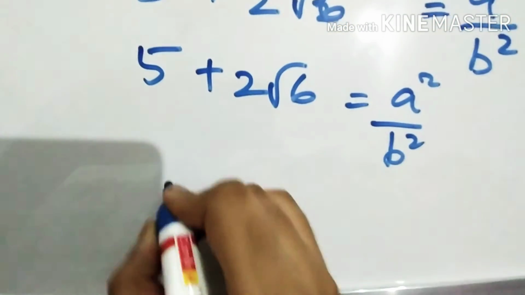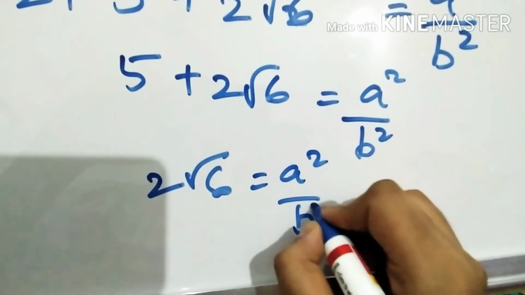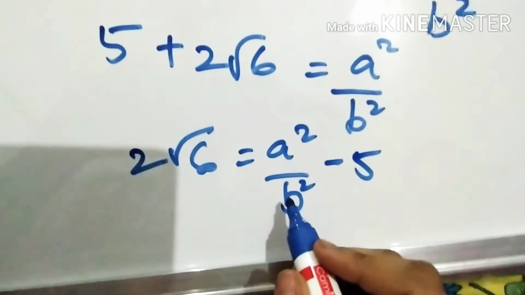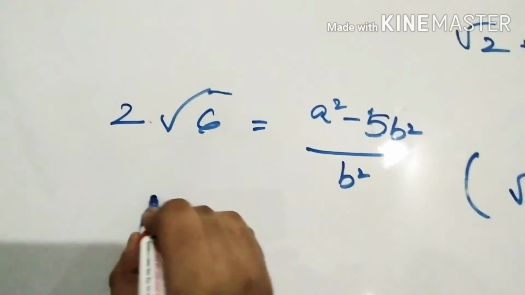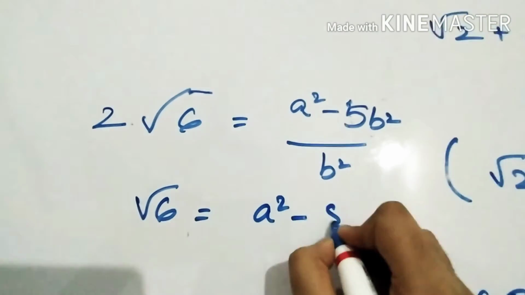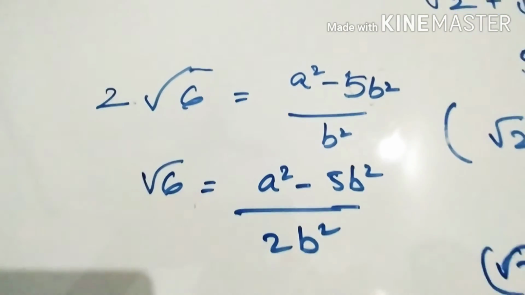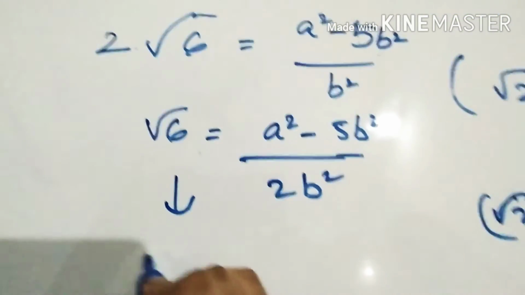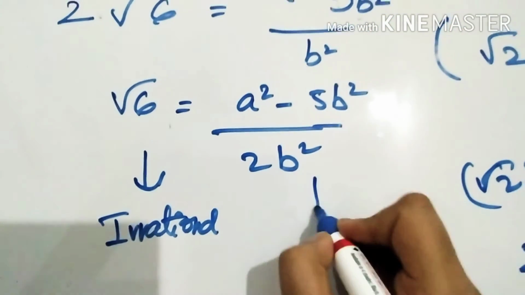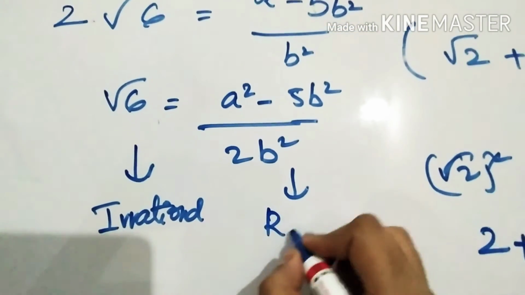Transpose 5 to the other side, minus 5. Now transpose 2 to the other side. So hence root 6 is irrational, and a square minus 5b square by 2b square is rational.